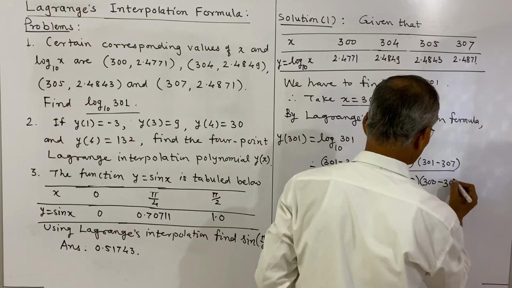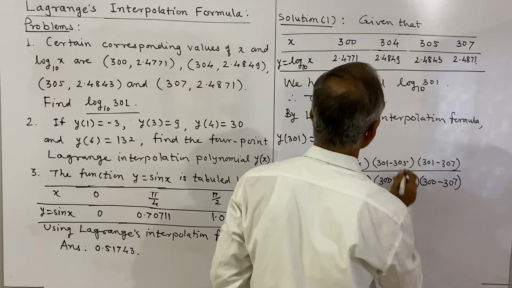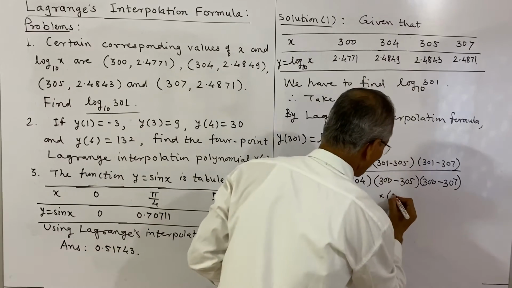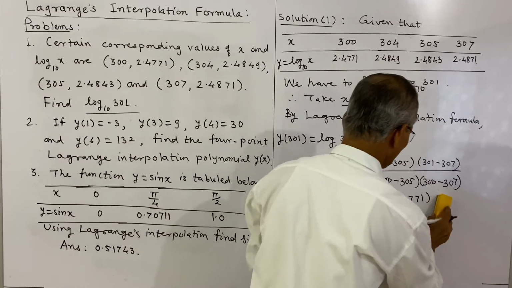This is multiplied by y0, that is 2.4771. So this is the first term that we have.